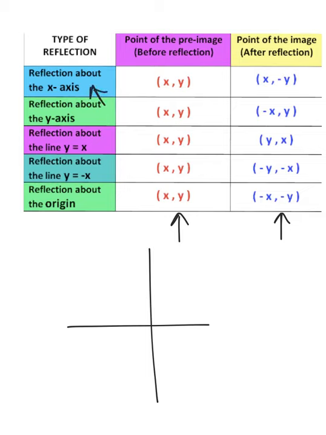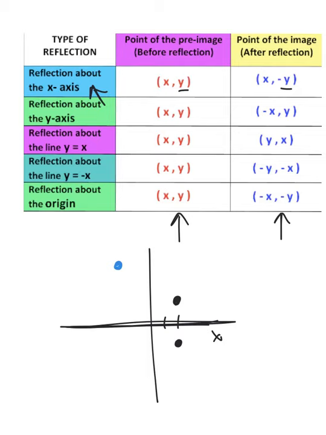So if I have a coordinate right here and I'm asking you to reflect it across the x-axis, the x-axis is this line right here. So if I reflect it across here, it now ends up down here. So you would keep that same x value that you had, whatever it was, but then you would negate that y value.